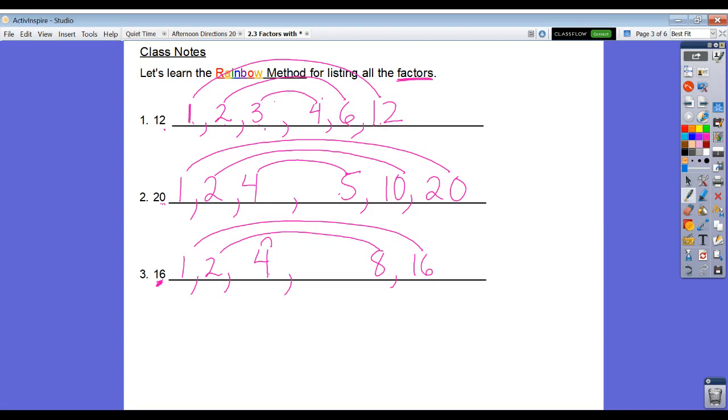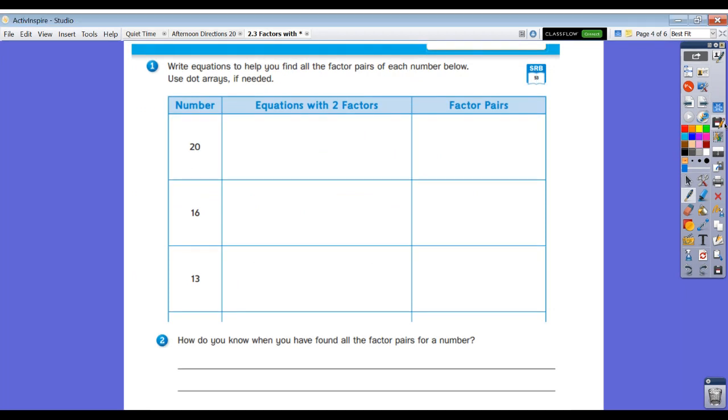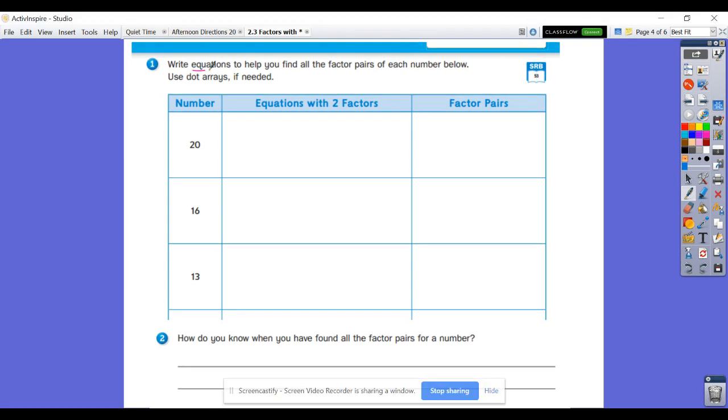Now, if you look in your math journal on page 39, so pause the video if you need to get there, on page 39, it says write equations to help you find all the factor pairs of each number below. Use dot arrays if needed. Whenever we hear that word equations, we know it wants an equal sign.